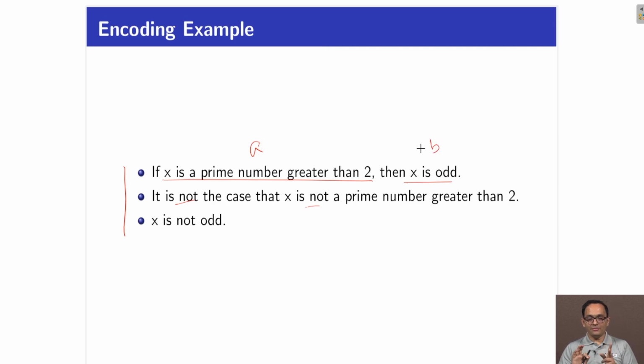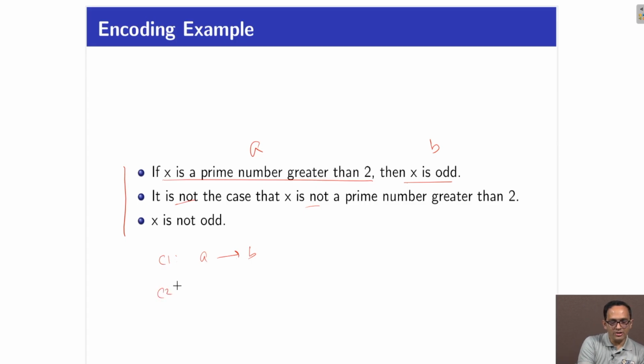Okay. If I have these two, I can model all three of them. So, how do I model the first one? First one is a implies b, right. It is saying that if x is a prime number greater than 2, which is a, then x is odd, which is b, right. So, a implies b. This way I can encode the first statement.